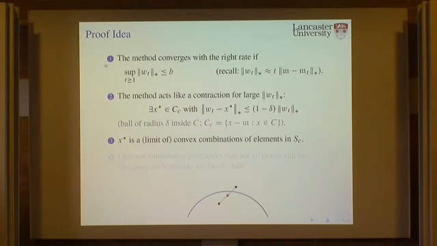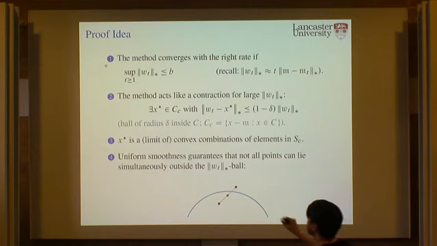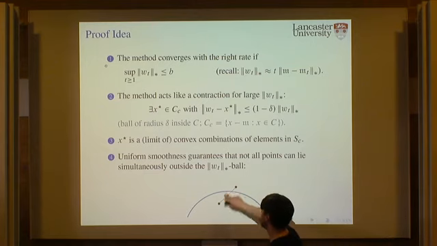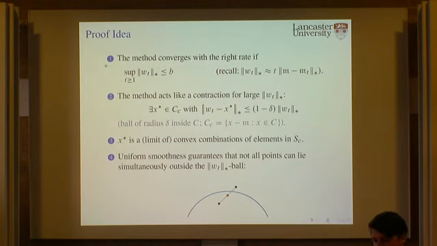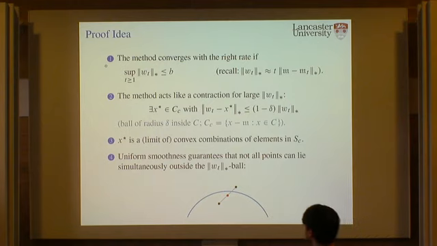So what's now happening is x star reduces this norm. Now I need to carry this over to the convex combination. I have this figure here down here. Let's say this one here is W_t minus x star, and x star for simplicity is just a convex combination of two points, say S1 and S2.